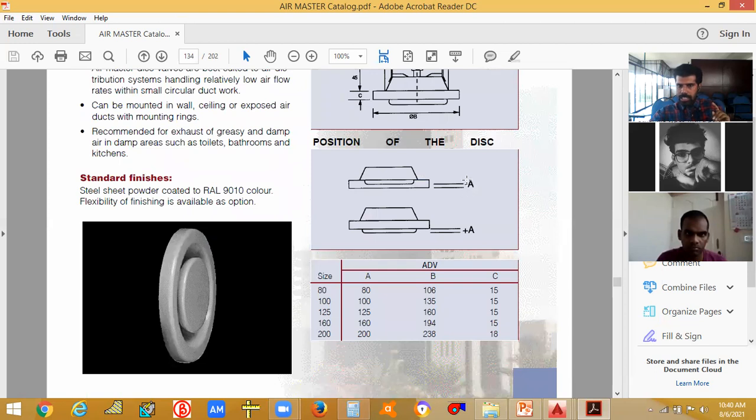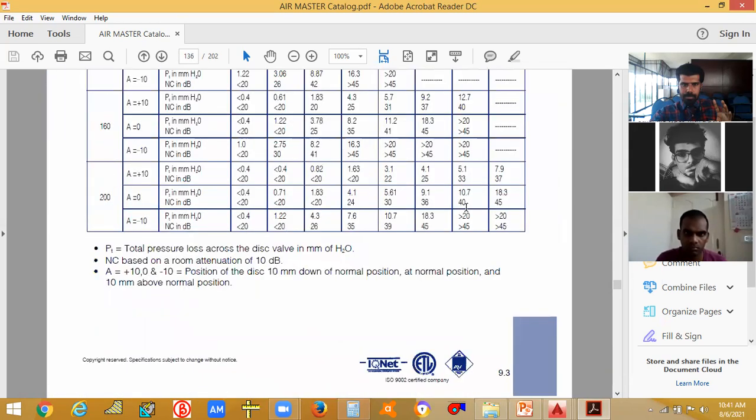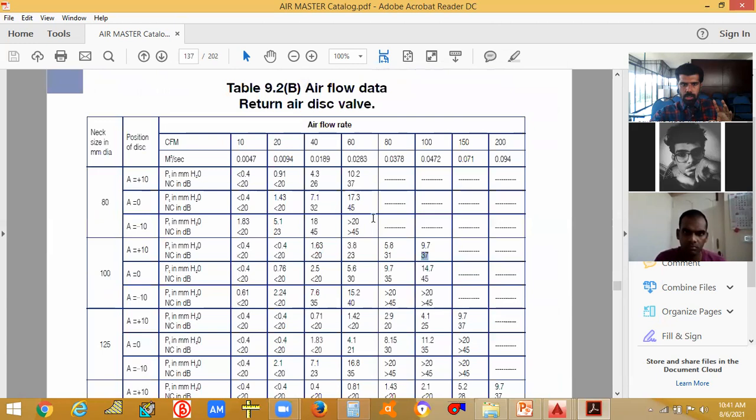If A is plus or A is minus, it is also given. If A is plus, the noise will be less: the noise criteria in decibels is 37. If A is 0, the noise criteria is 45.